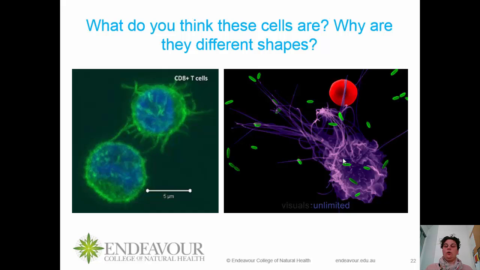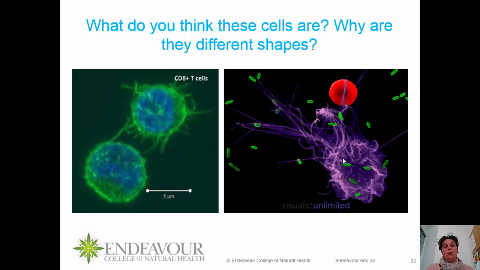So why is it that the macrophage needs these big long hands, and why is it that the neuron needs these massive extensions that stay in place, whereas the hands on the macrophage go in and out? They go out, they grab things and they bring them in, whereas in the neuron these extensions stay in their place. So why is that happening, and why is that different from the cells that are lining your gut? Because they all perform different functions.